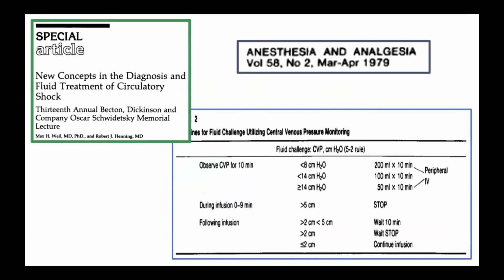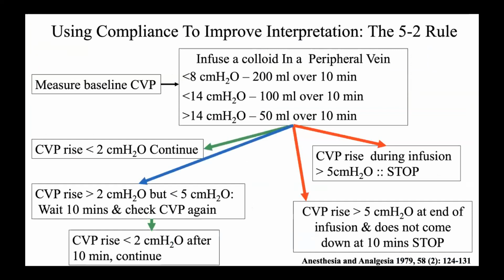So measure the baseline CVP, look at the value, and depending on the value of the CVP, infuse a colloid in a peripheral vein and look at what happens to the central venous pressure during infusion and at the end of the infusion. So if the CVP rise is less than 2 centimeters of water, continue giving fluid.